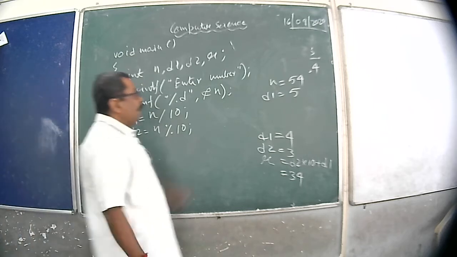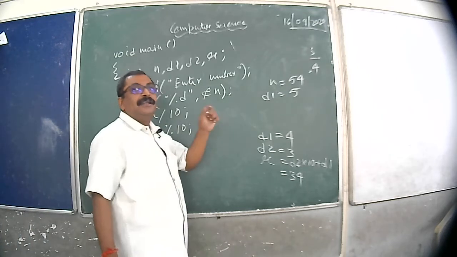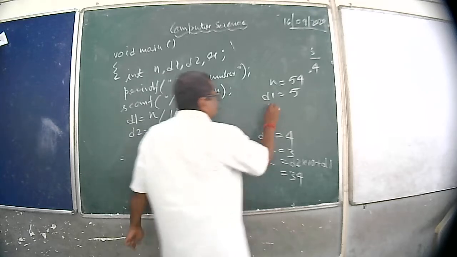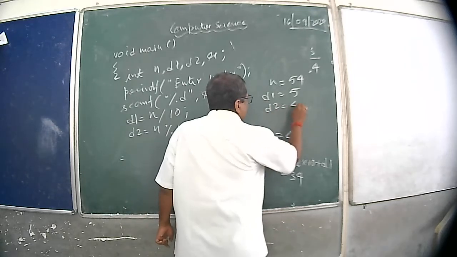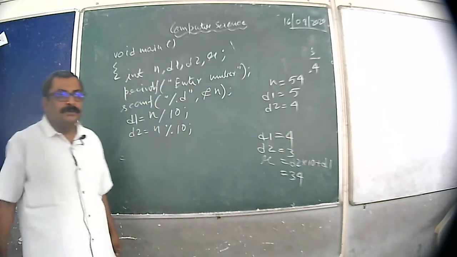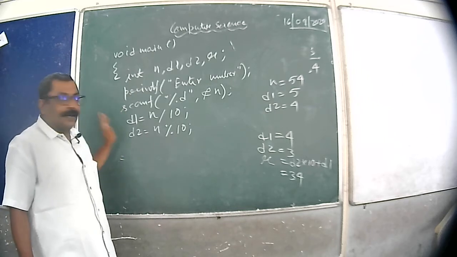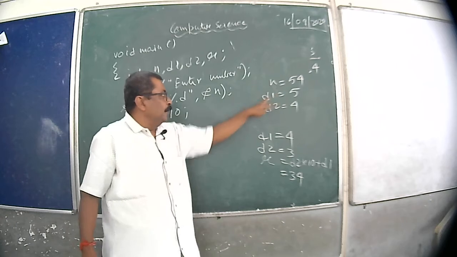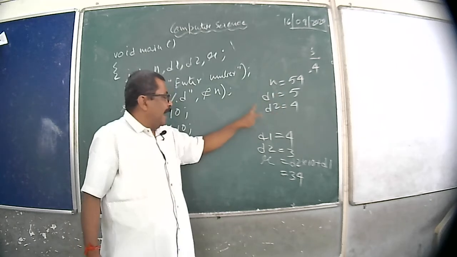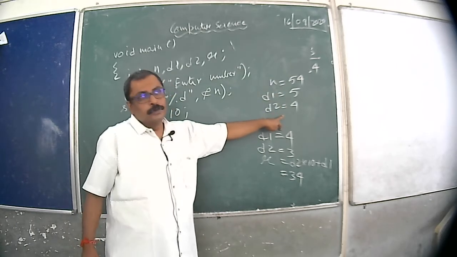That means 54 divided by 10, the remainder will be 4. Now, the extraction of digits is done. From 54 we get 5 and also 4.